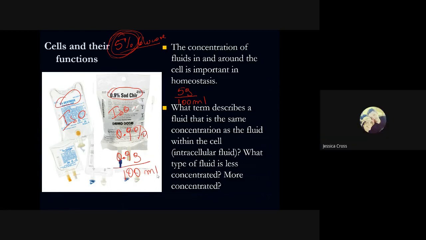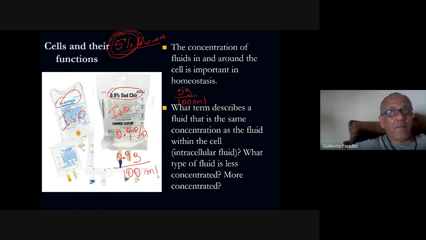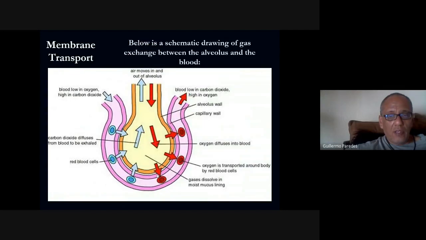Yes. Please, this is very important when you're going to do calculations for metrology. Here we have the alveolus. You know what the alveolus is already. Here we have a high concentration of oxygen.